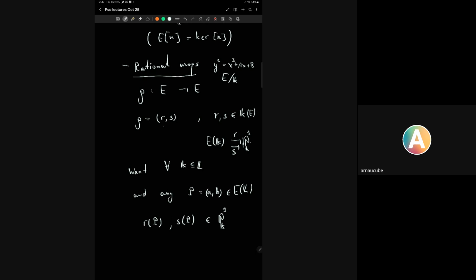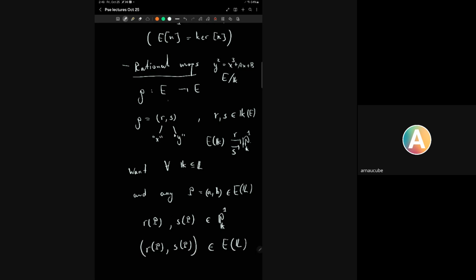I think of this as the X coordinate, and this as the Y coordinate. And I want that (R(P), S(P)) will belong to E of L.